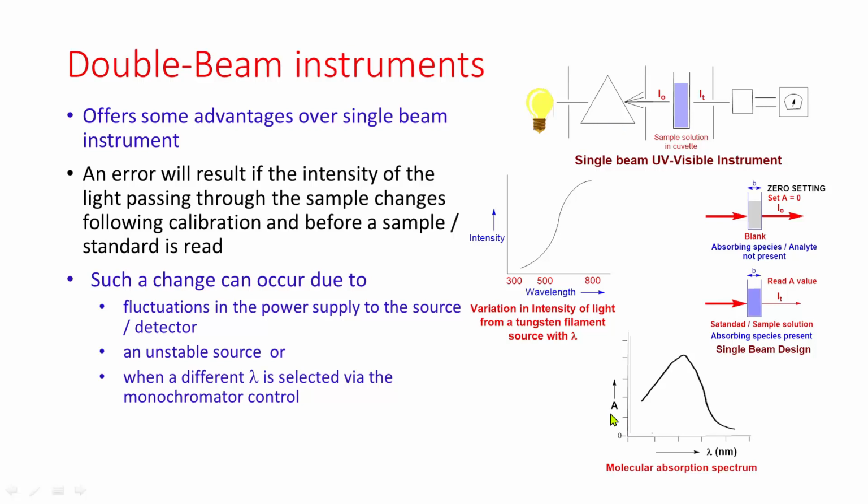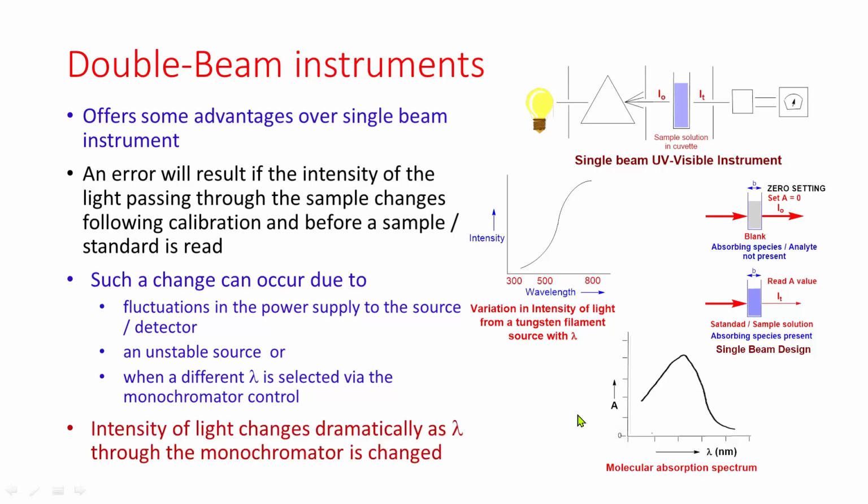For obtaining absorbance versus wavelength, we have to change the wavelength, and the intensity emitted at different wavelengths is different. Hence, one has to set absorbance to zero whenever one changes the wavelength for obtaining the molecular absorption spectrum.